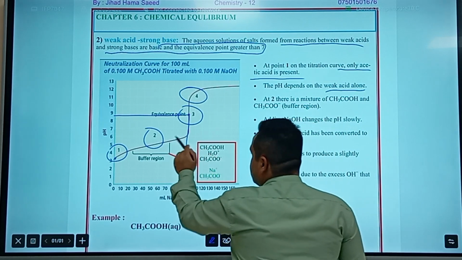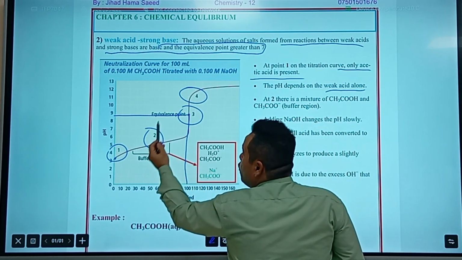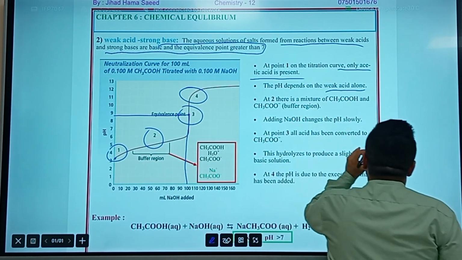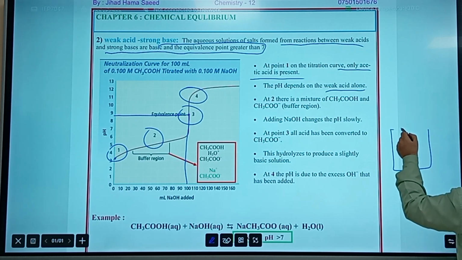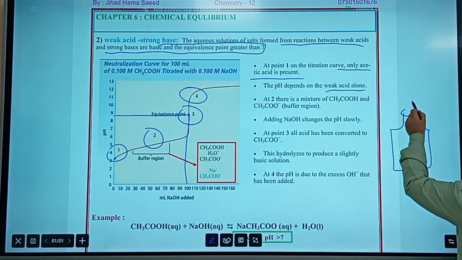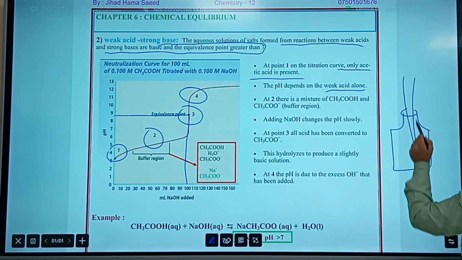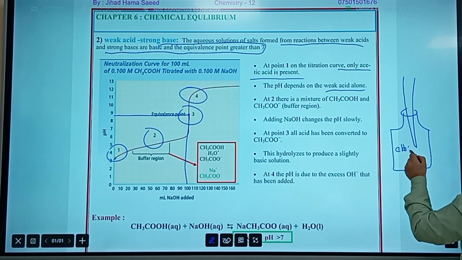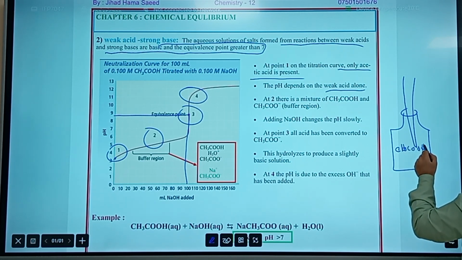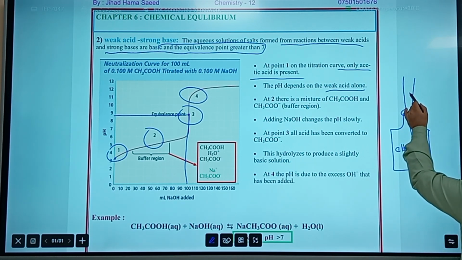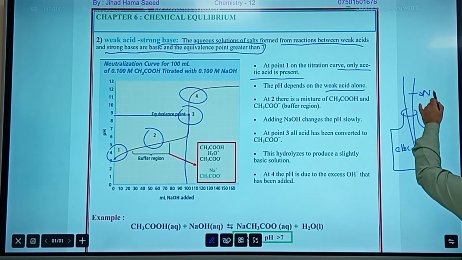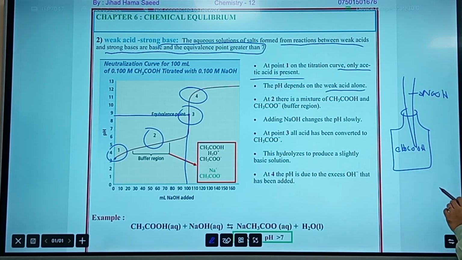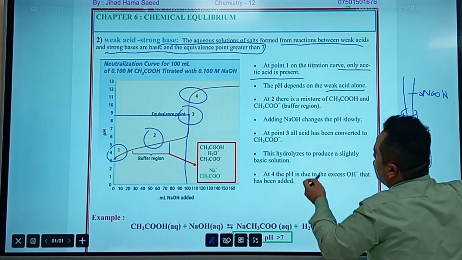Second point, guys, as we add an amount of base, let me show you. Here we have CH3COOH, and then we will add an amount of NaOH. As we add NaOH, there will be hydroxide.